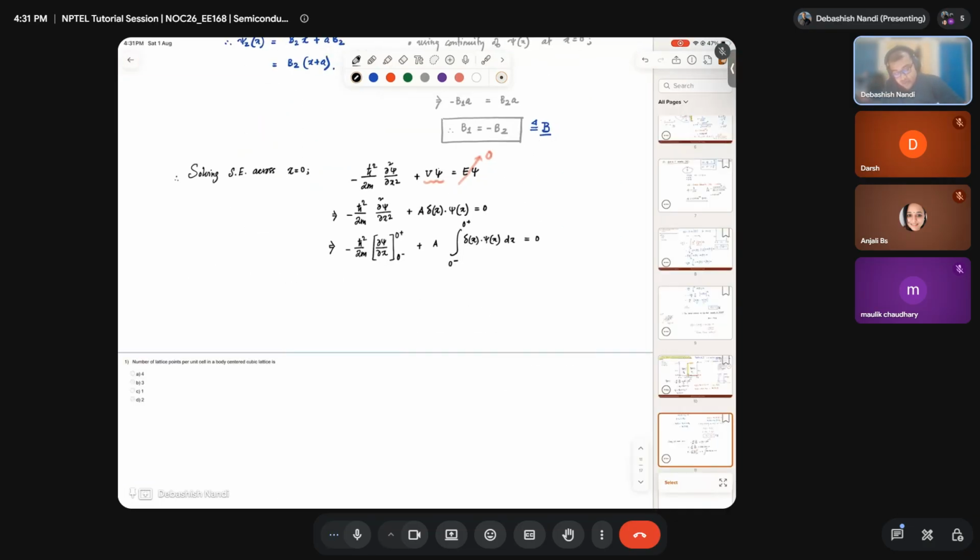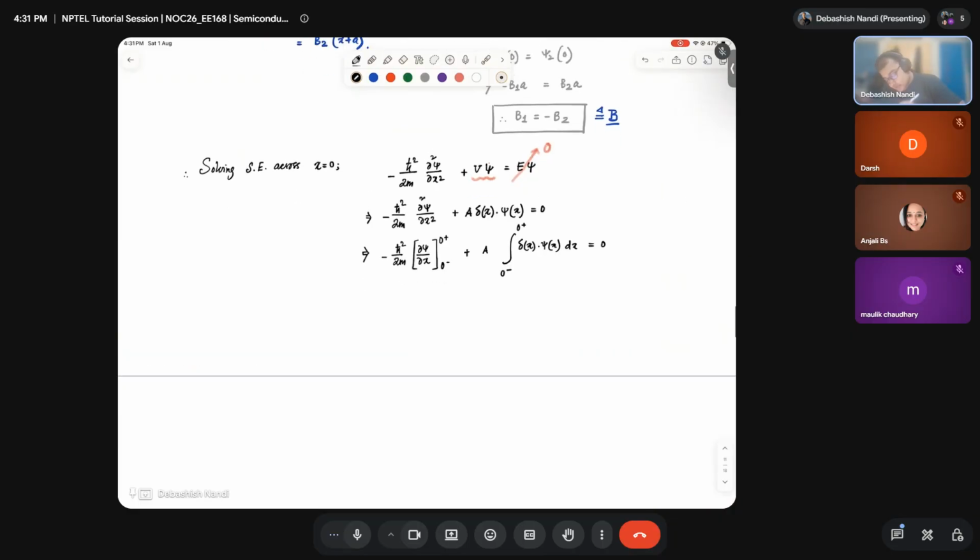Now what I'll do? So this is my h bar square by 2m, this is psi dash at 0 plus minus psi dash at 0 minus, and using the property of delta function, can you tell me what this integral boils down to be?